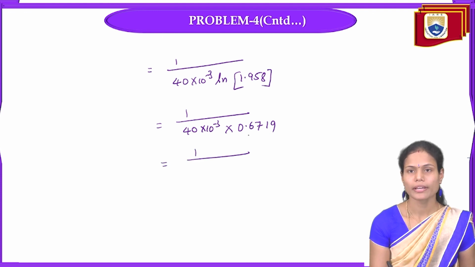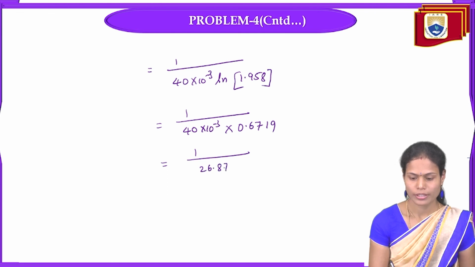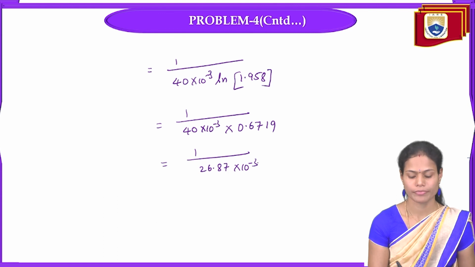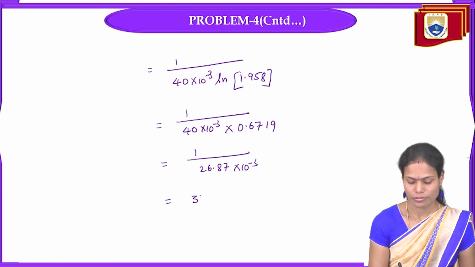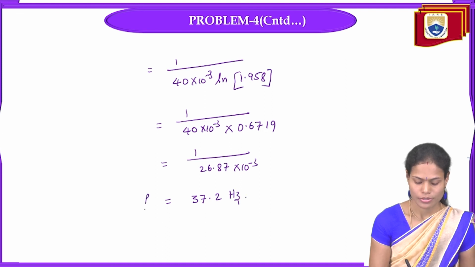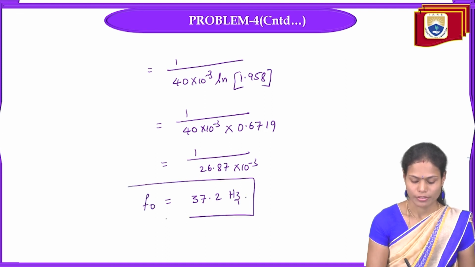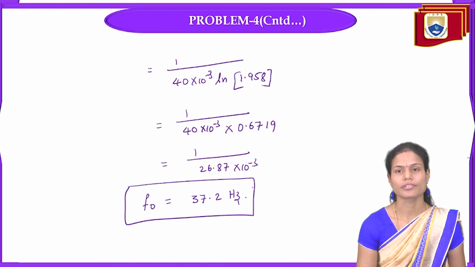If we multiply these two values in the denominator, we will get 26.87 into 10 power minus 3. If we simplify this, we will get 37.2 Hz. So this is the value of the frequency of oscillations.